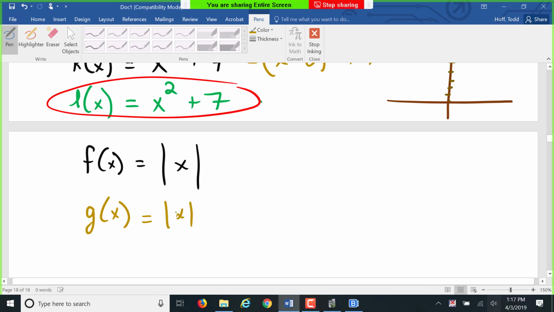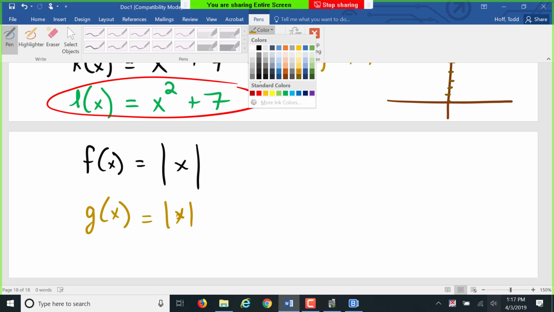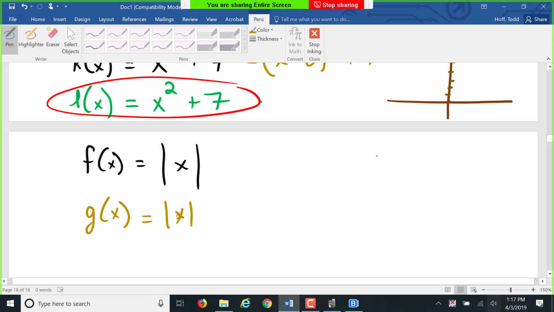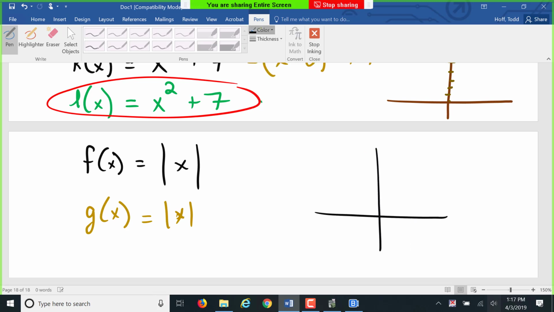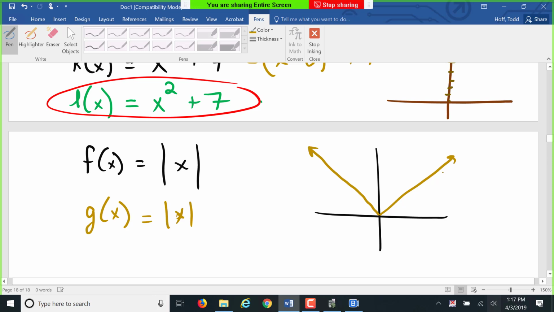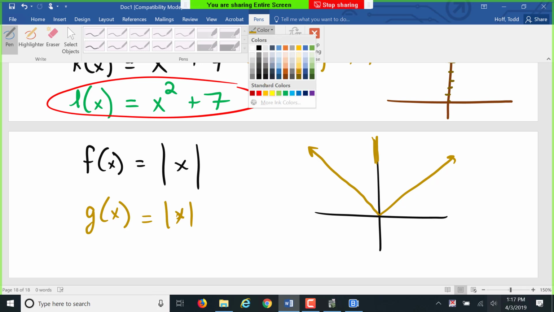Yeah, the absolute value of x. It's the same thing. Because the absolute value of x, the graph for that is just this. It's already symmetrical about that y-axis. So its reflection about the y-axis is going to be the same thing.